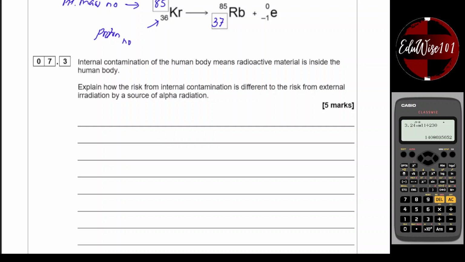Inside, if you consume it, then it's internal contamination. Now, alpha particles have the lowest penetrating ability, so it can't even go through a piece of paper. So it's not going to go through your skin to damage anything inside your body if it's on your skin. But if it's already inside, then the risk is way higher.